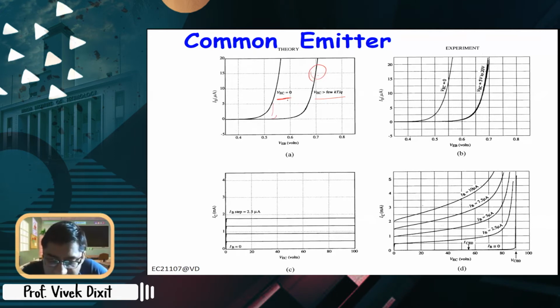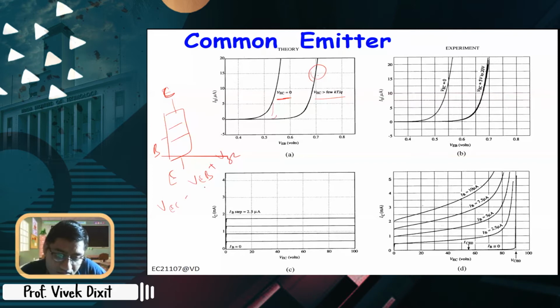Now when VEC is 0, now VEC is basically this voltage. If you look here, emitter, base, collector, right? Now VEC consists of VEB plus VBC, right?